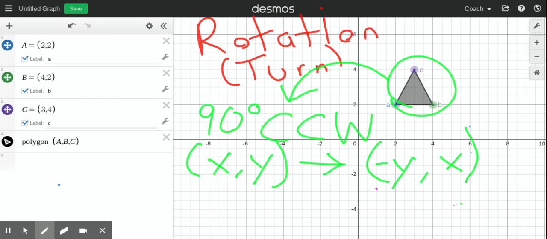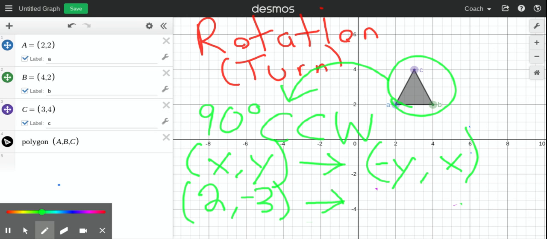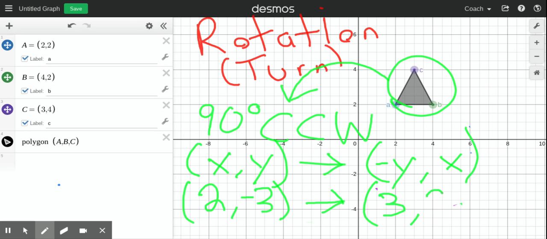So let's go back to the ordered pair we've been using. Now we're going to switch it. The y is now in front, but it's changed sign, so now it's +3. And the x is now the second one, at the back, but still the same. So the new ordered pair is (3, 2).